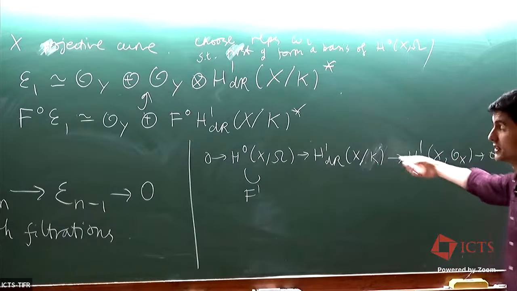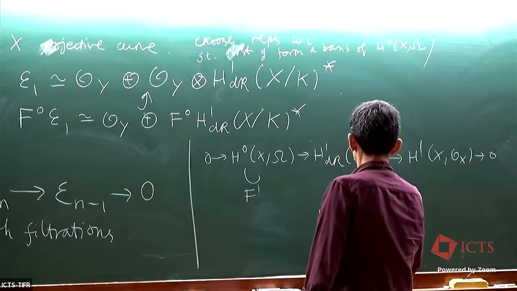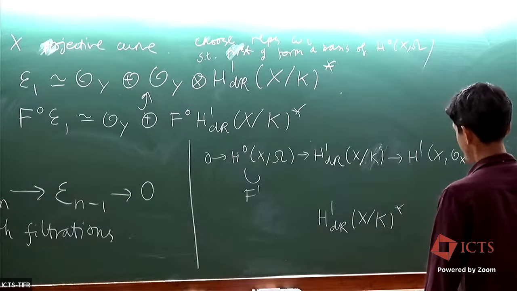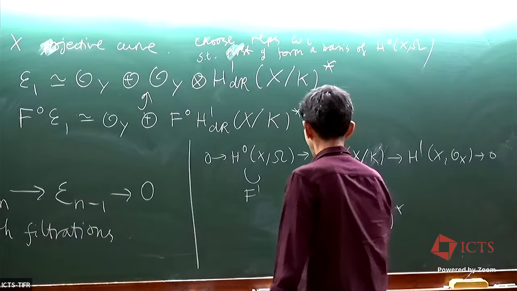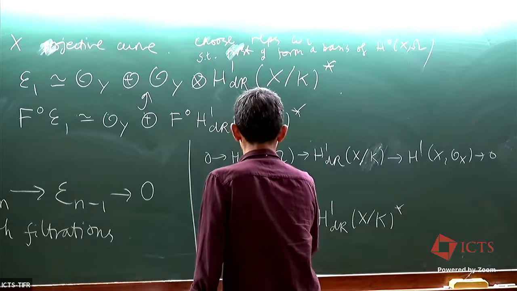So on this, everything's in F0. So when we dualize, then we get an F0, which can be thought of as functions on.